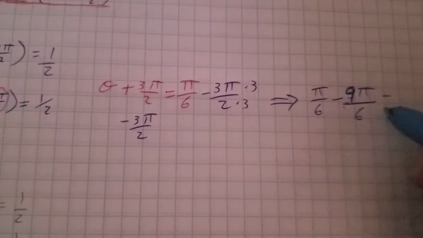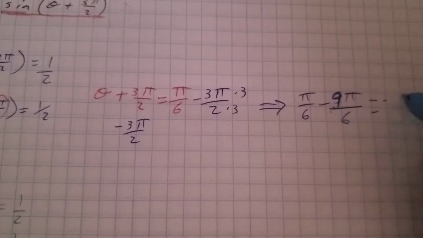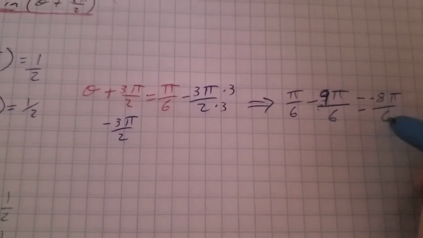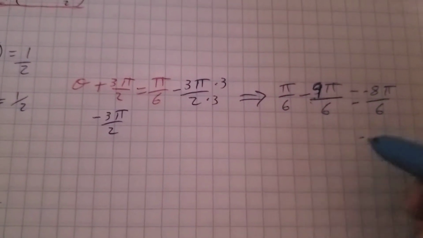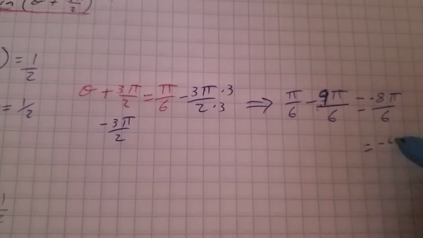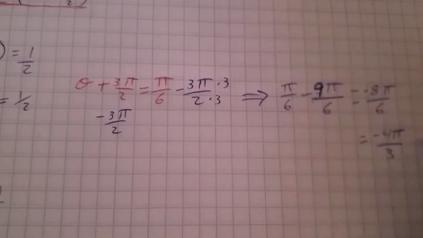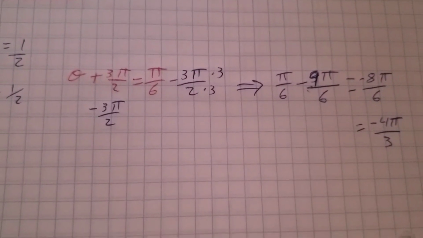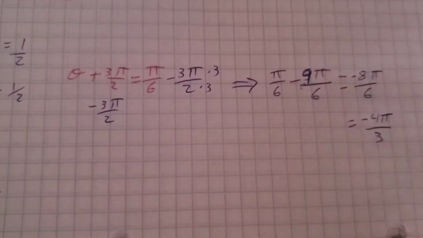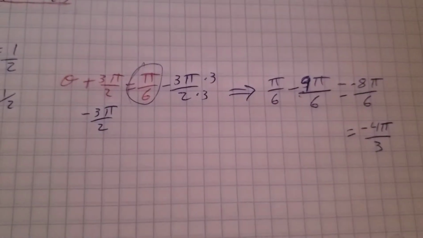So I get negative 8 pi over 6, which simplifies, because they're even values, to negative 4 pi over 3. Okay, that was a little bit long, but this is for the pi over 6 solution.